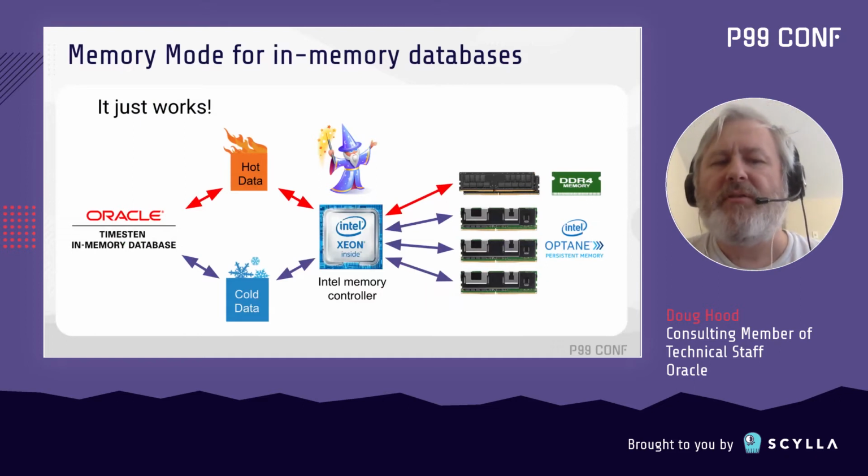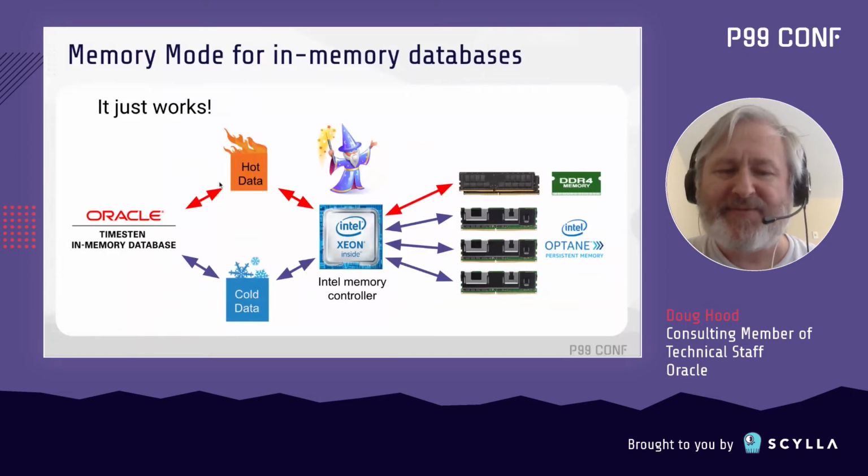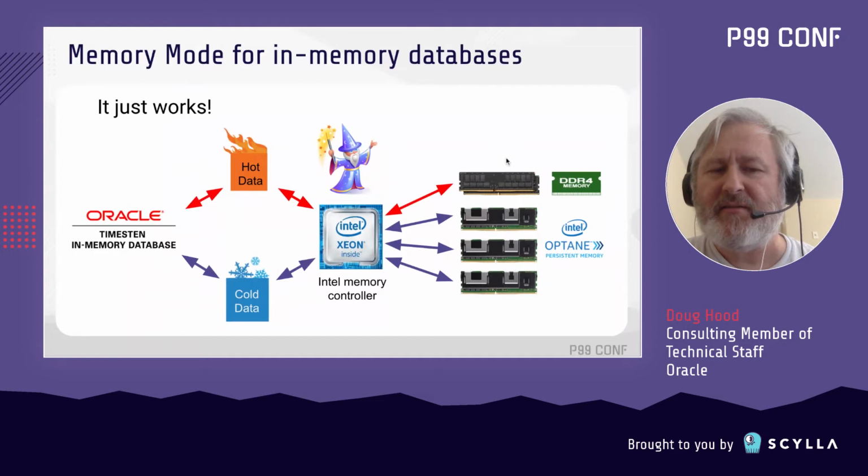Memory mode for Optane just works out of the box. You don't need to change your code, you don't need to recompile. So what does that mean? With any application, in this case we're using an in-memory database, depending on your workload, you're going to tend to have data that's accessed more, or the hot data, and data that's accessed less frequently, or the cold data.